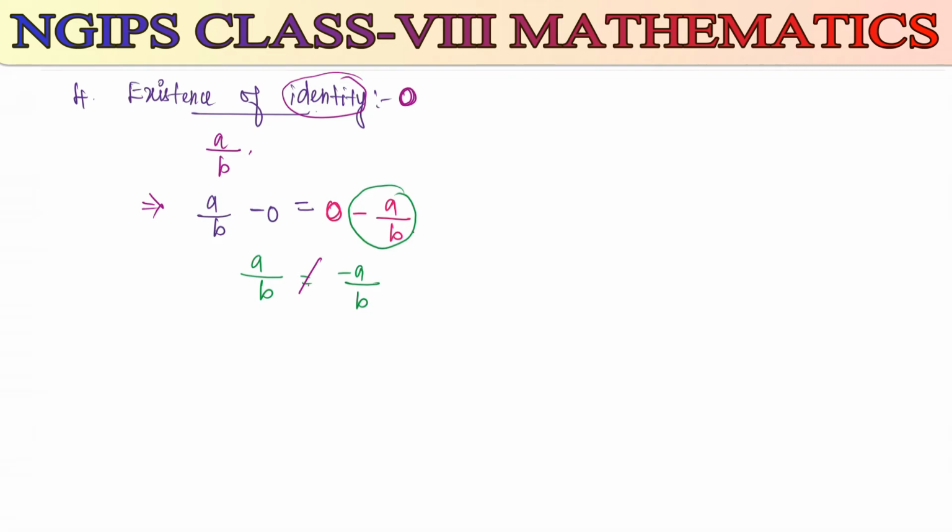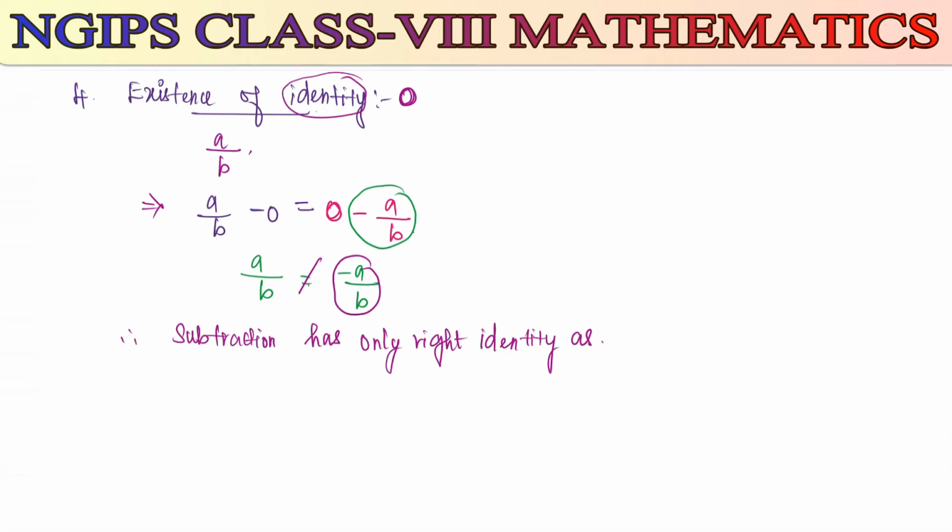So subtraction has only a right identity. Therefore subtraction has only a right identity. A right identity is nothing but on the right side you will get exactly the number we have. On the left hand side you are going to get the inverse.